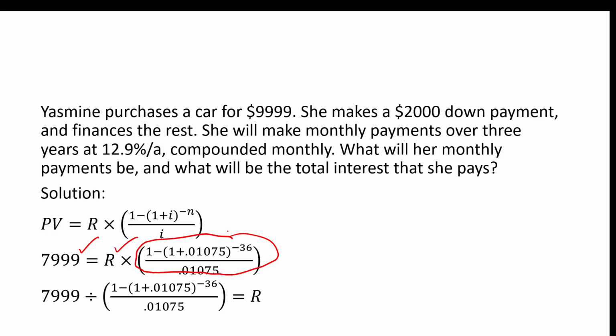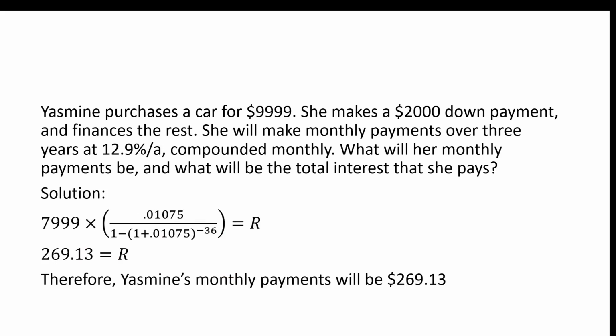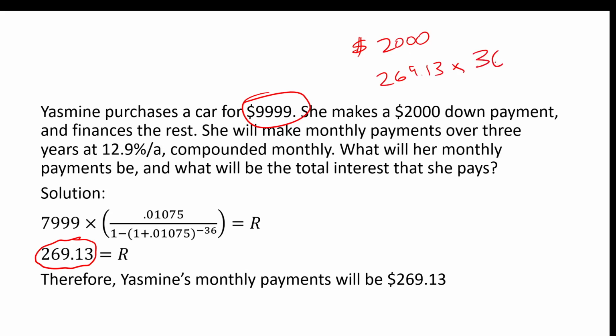Doing some fairly simple math to isolate the R, we see that R will be $269.13. So what we're saying is for this $9,999 car, Yasmin's going to put down $2,000 as a single time down payment, and then she's going to pay $269.13 12 times a year for 3 years.